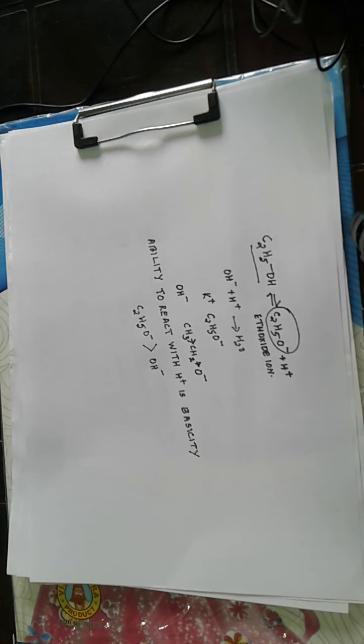And ethanolic potassium hydroxide, also commonly called alcoholic potassium hydroxide, mainly contains the base ethoxide, and this base starts the beta elimination reaction. Now we can see beta elimination in the next video. Thank you.